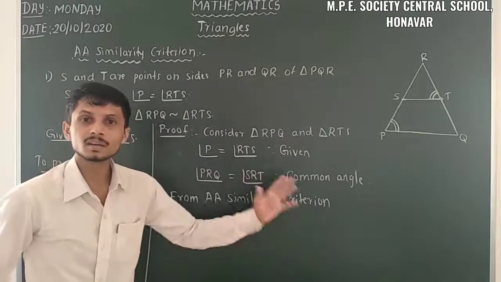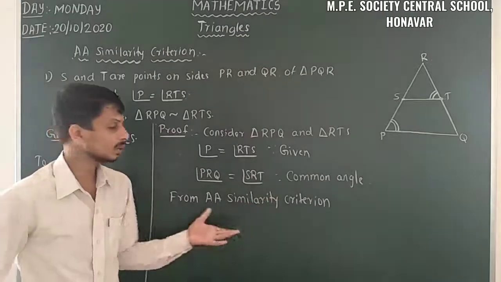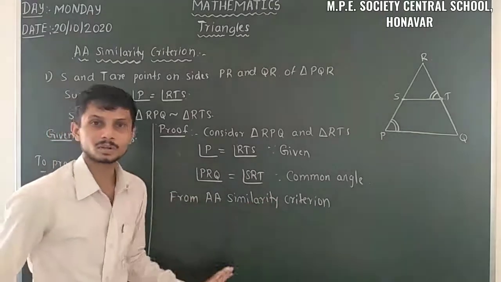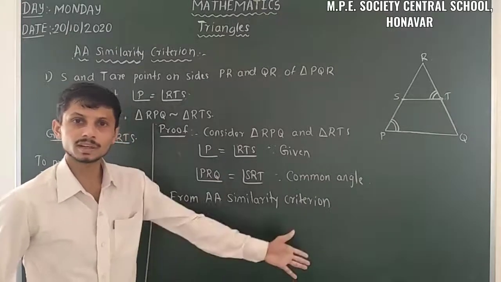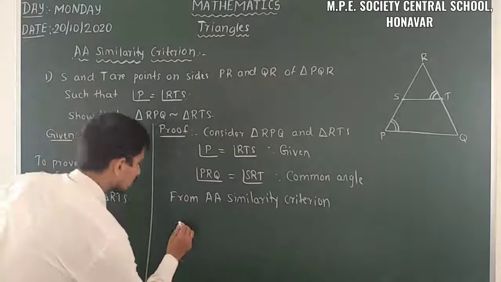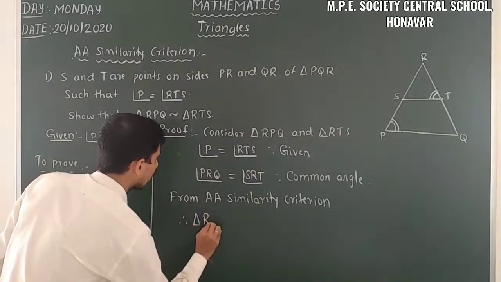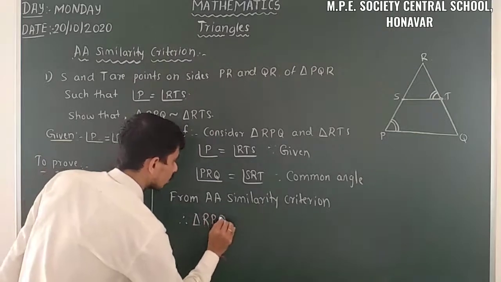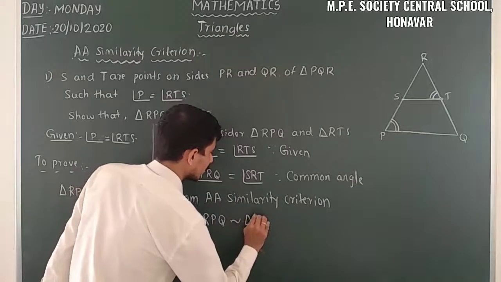it is better to write a statement here so that you can get better marks. I am not writing the statement, but you can write it. Therefore, triangle RPQ is similar to triangle RTS.